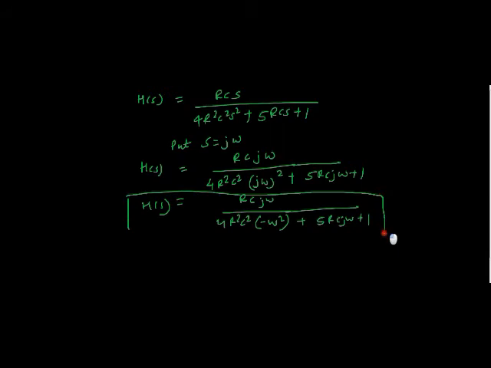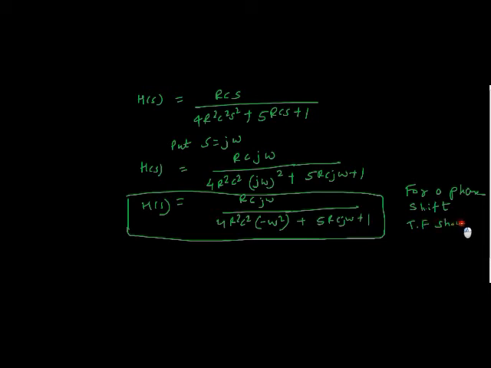Okay, so for 0 phase shift, the transfer function should not contain a j term.